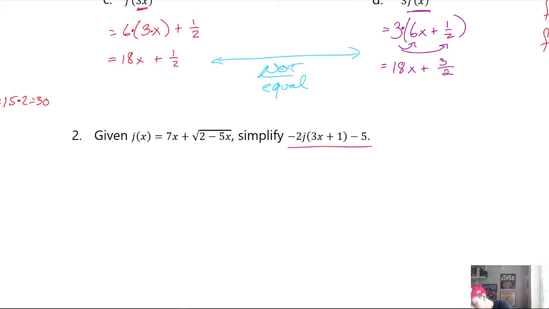We're going to start with what is j of 3x plus 1. So we're inserting 3x plus 1 into the function j here. So we're going to get 7 times, and we plug 3x plus 1 in every time we see an x.